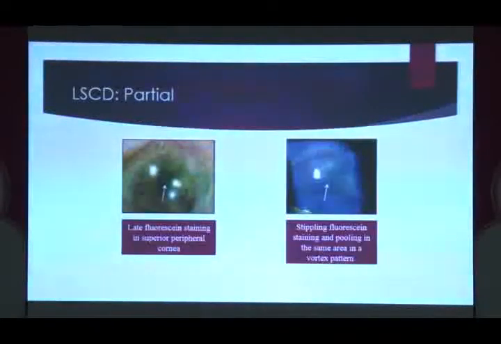Now, if we stain such a patient, we find that there is a late fluorescein staining. And why this staining occurs, which later forms the vortex configuration, is basically because the cells at the conjunctivalized surface are very loose. So the staining material directly hits the basement membrane, and that's how it stains.